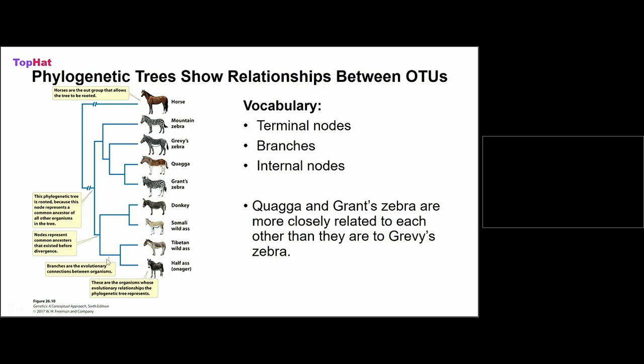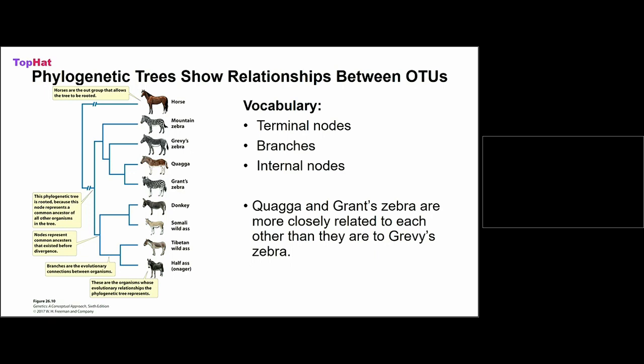So the donkey and the Somali wild ass had a common ancestor more recently in evolutionary time than the Tibetan wild ass and the half-ass, right? So their common ancestor is more distant in evolutionary time. Then the common ancestor to these two and the common ancestor to those two had a common ancestor here, right?